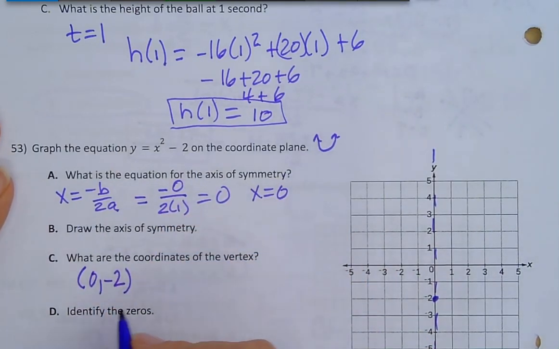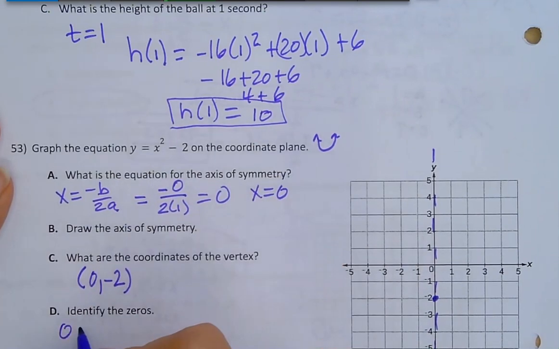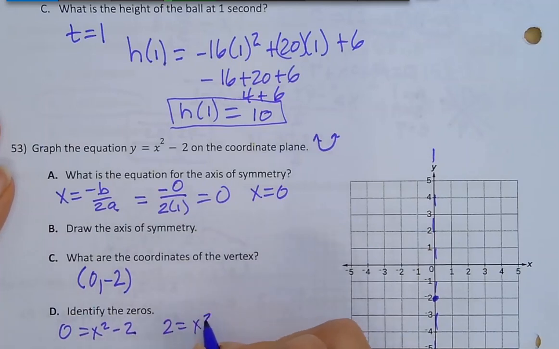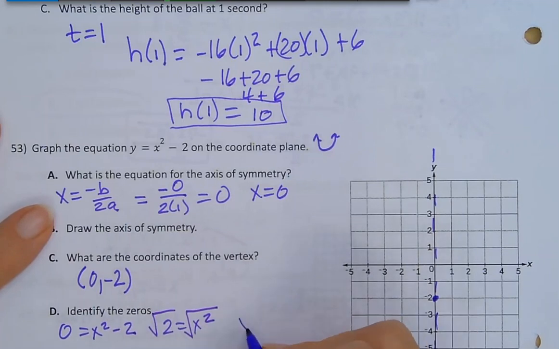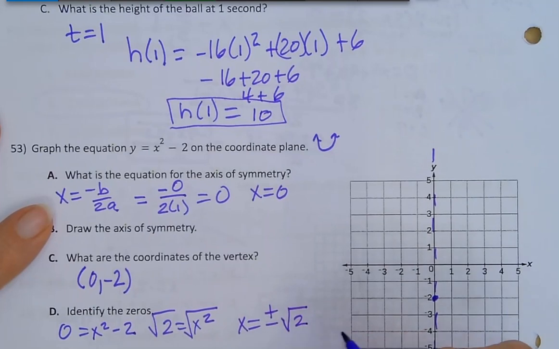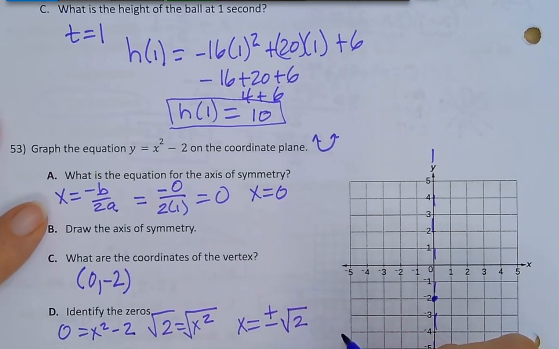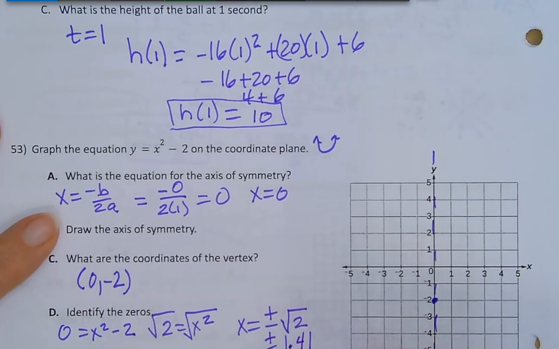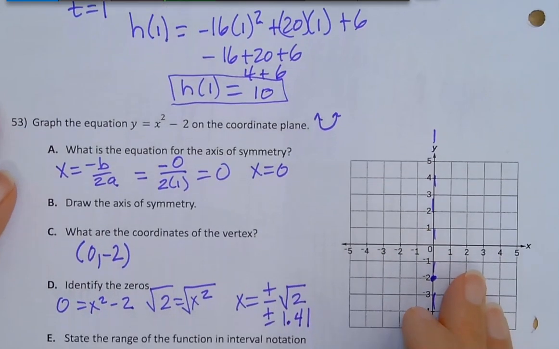Identify the zeros. Okay, so I need to know 0 equals x squared minus 2. So I'm going to add 2 to each side. 2 equals x squared, and then I'm going to take the square root of each side. So I know x equals positive or negative square root of 2. If I'm having to graph that, I'm going to say that's positive or negative 1.41, because to graph it, I can't really graph it unless I know about what we're talking about with a decimal.